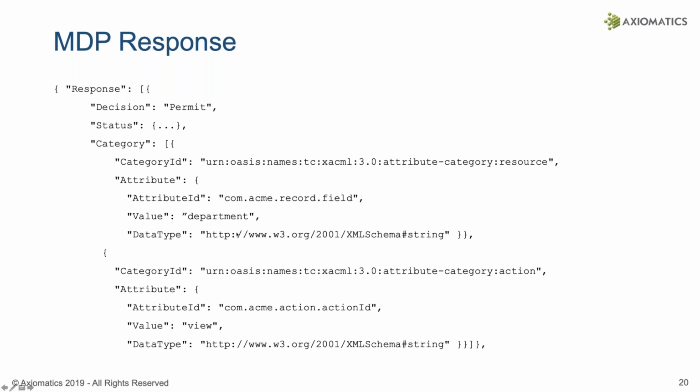This is not a complete response because it can't fit in a PowerPoint, but an additional part of this response could be the same thing, that you get a permit decision for the field owner for the action view. And it can also include that the decision is denied for the field amount for the action view.